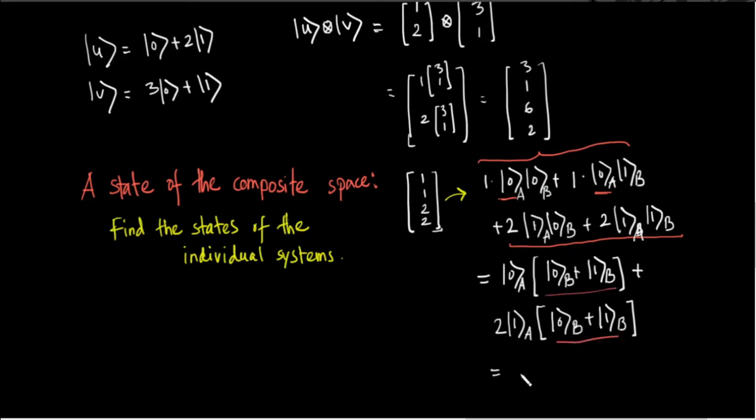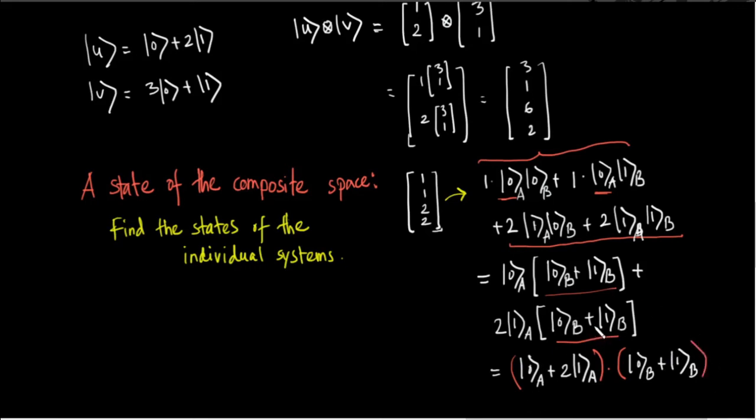So I can write the product as (|0a> plus 2|1a>) times (|0b> plus |1b>).